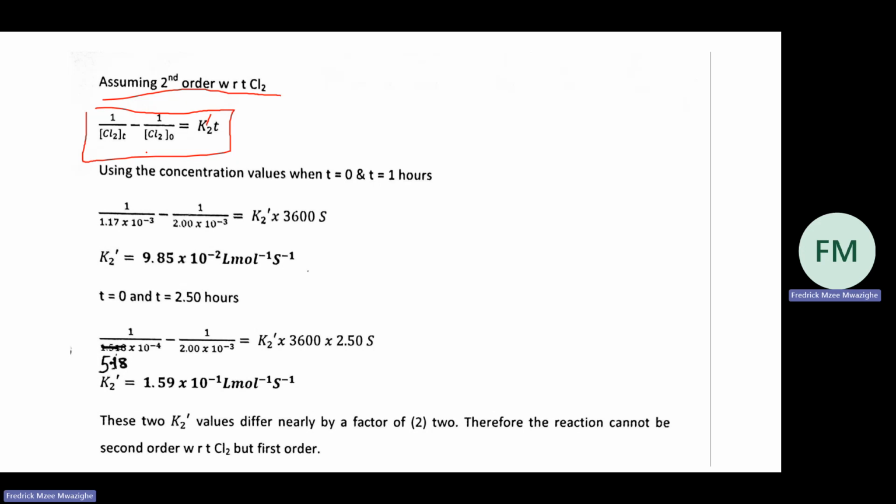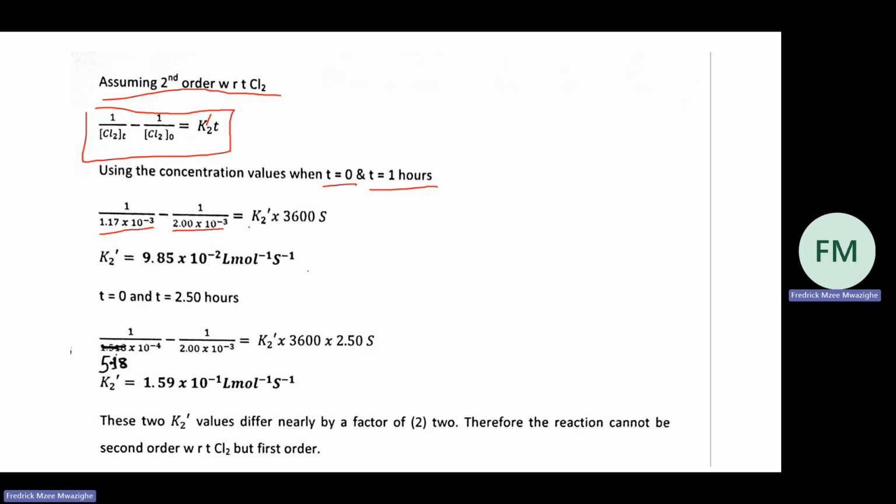Again, we use our data set. We use the initial concentration, that is the concentration at T equals 0, and then we use the concentration at T equals 1 hour and see how it fits. This is the concentration at T equals 1 hour, and this is the initial concentration, or at T equals 0.